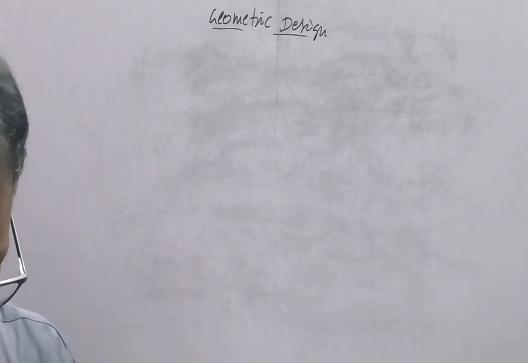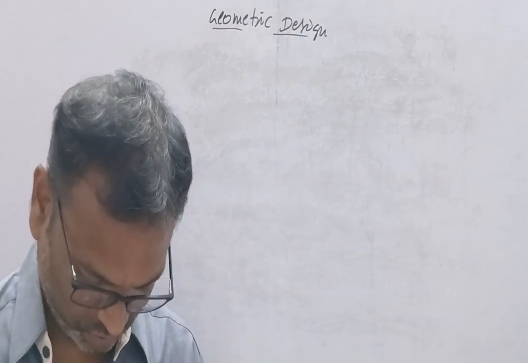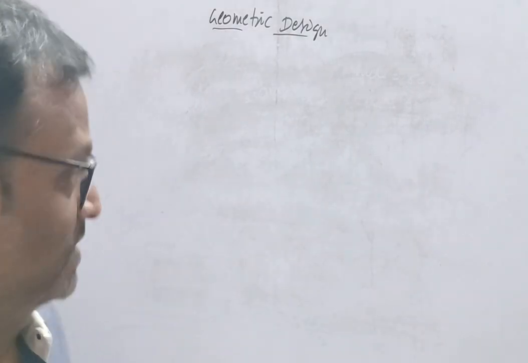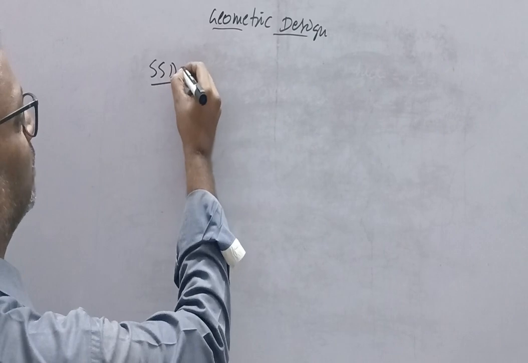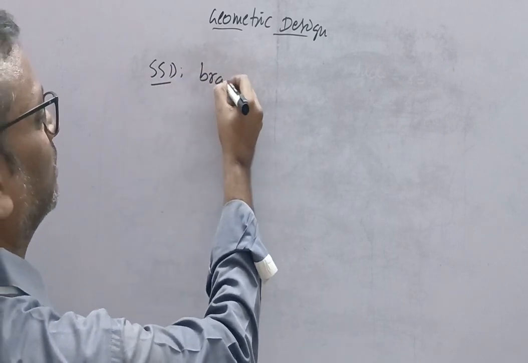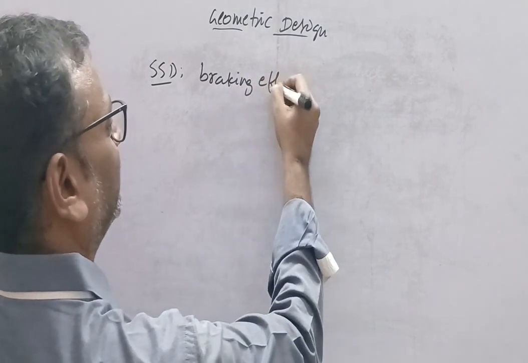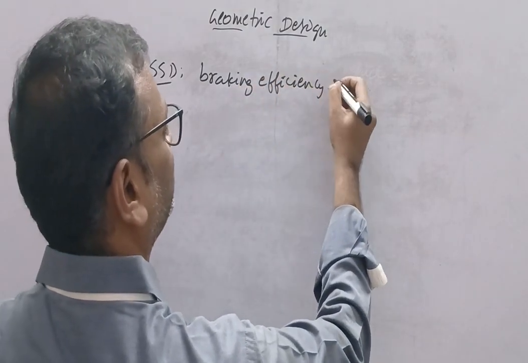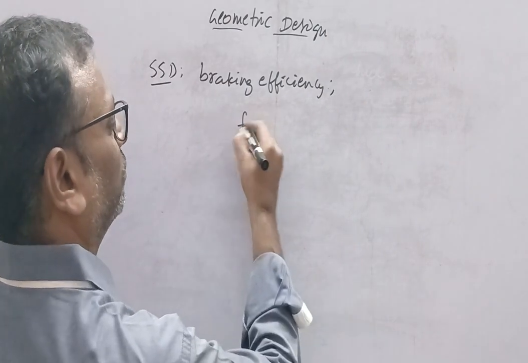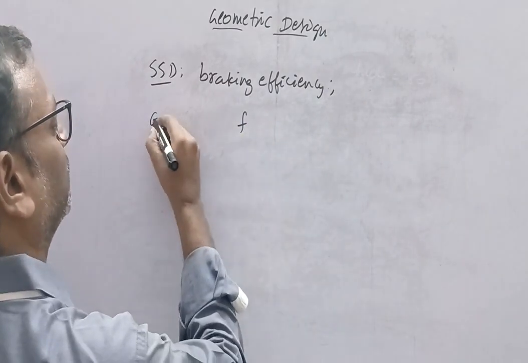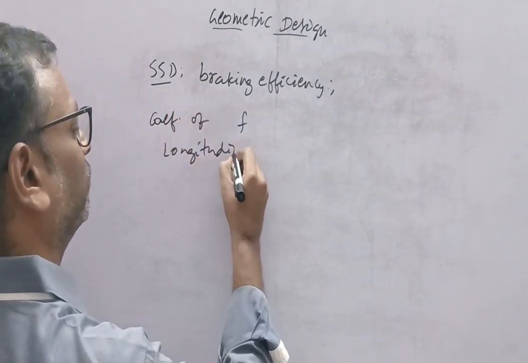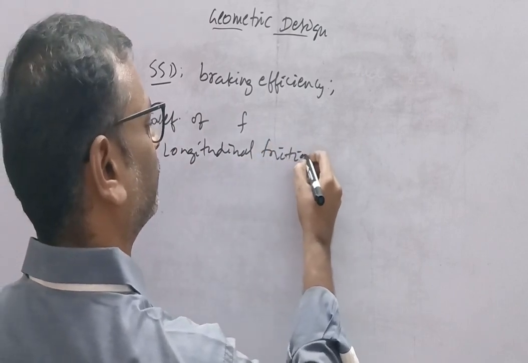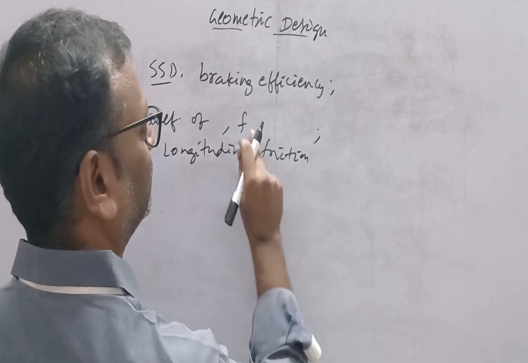In stopping sight distance, they may also ask regarding the braking efficiency. If they give the data regarding braking efficiency, what will happen? You know the coefficient of longitudinal friction, denoted by small f.